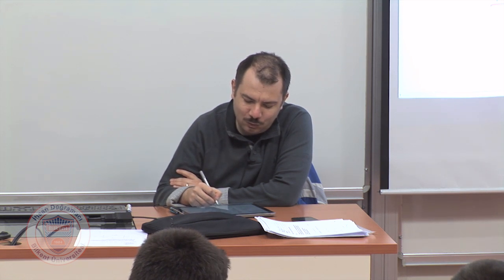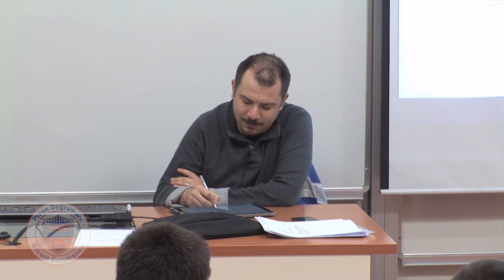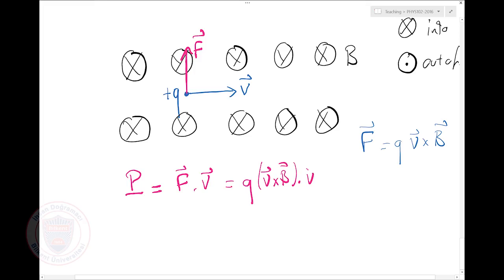So this is going to be q v cross B dot v. What's the dot product of two vectors which are perpendicular to each other? The dot product is 0. Why? Because force is perpendicular to v.